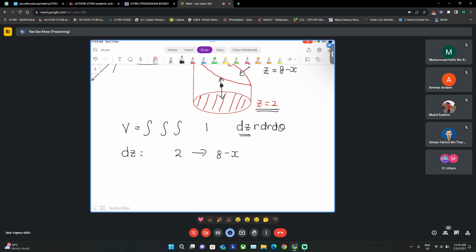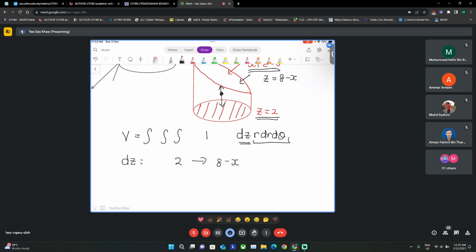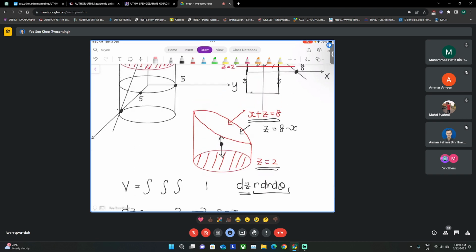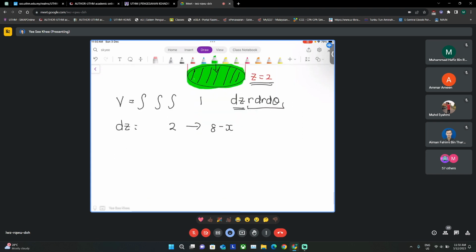For the r, dr, d theta, you have to view these structures from the top. You can see these circular structures here. This is the circle that you will see if you view from the top. This circle is the same as the radius of the cylinder, so you can straight away define r from 0 to 5.